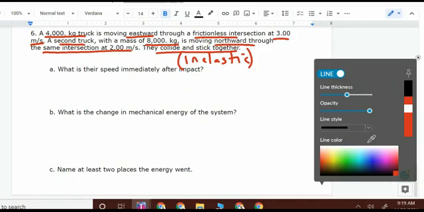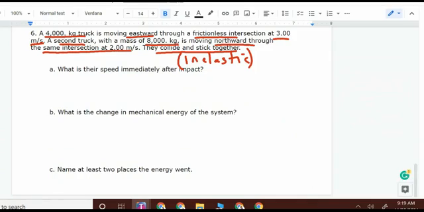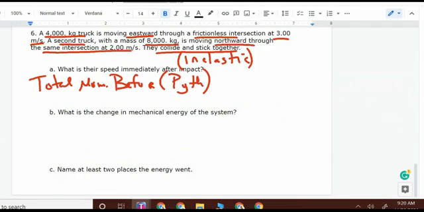So let's do the total momentum before. How do we find the total momentum before? Not super easy. Well, it's a little more tricky. We have to use the Pythagorean theorem because they're 90 degrees to each other.